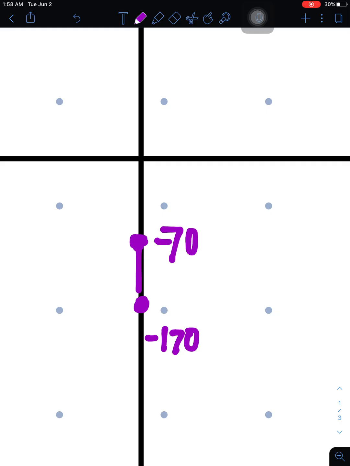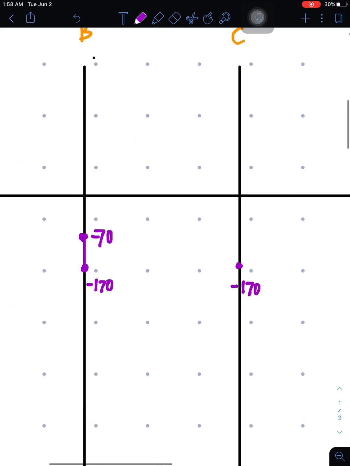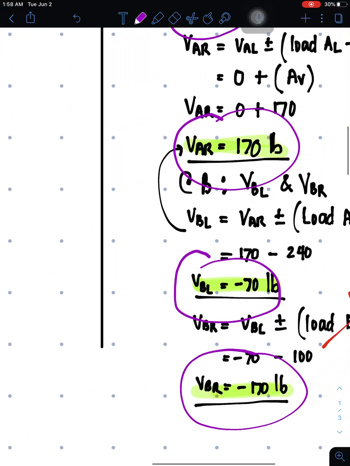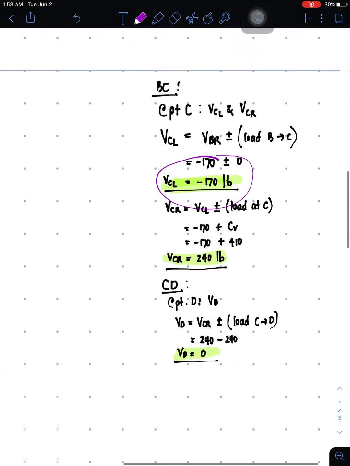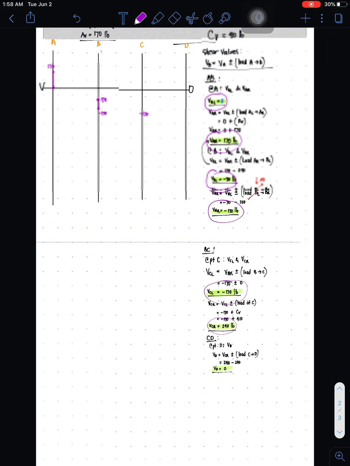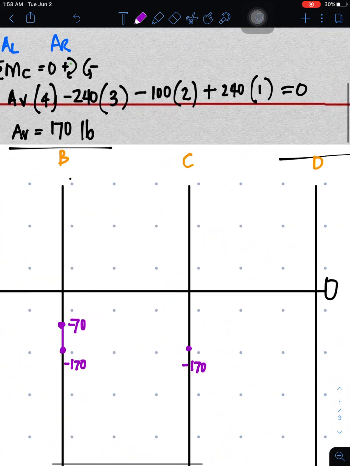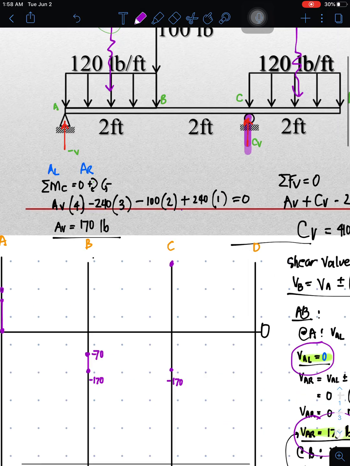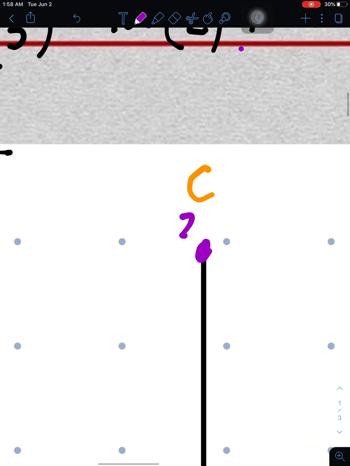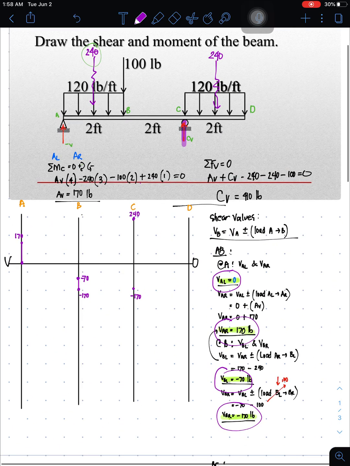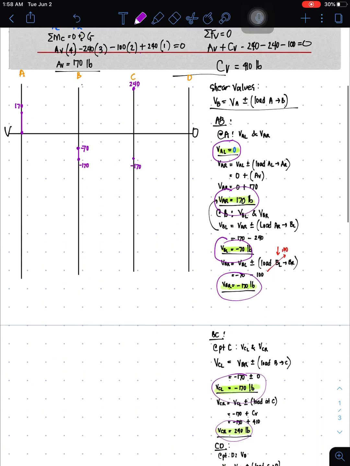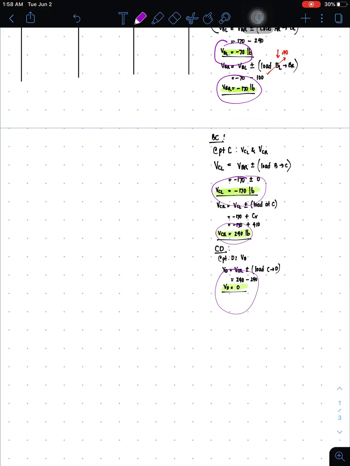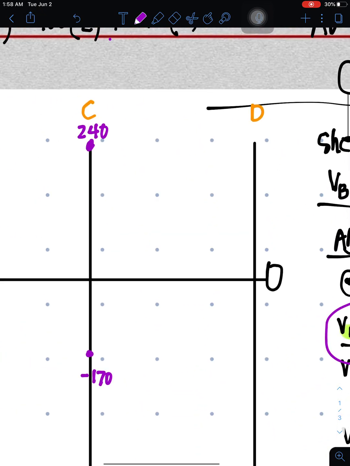And then next, still at C, 240. So at point C, 240, I'll put the 240 here, and I'll call this positive 240. Then the last value is at point D, that's 0.